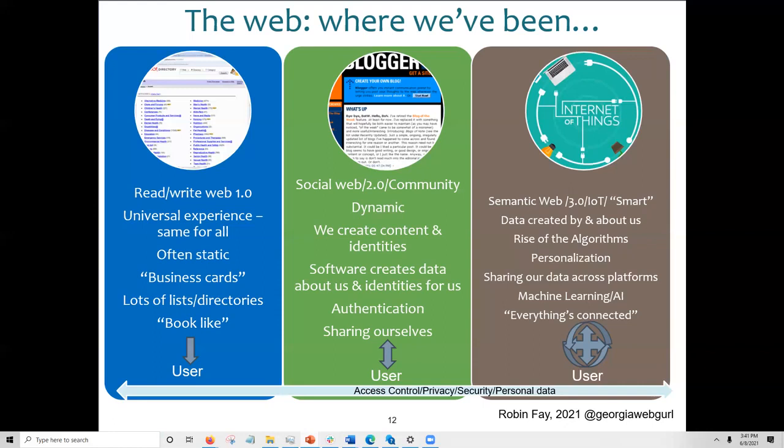And now where we are, we have come to the point where not only are we sharing, so it's this back and forth between us and the internet, now we have the rise of machine learning, and we have the rise of AI, artificial intelligence. And what that means is that all of our data, regardless of where it is, is starting to be shared across these platforms.